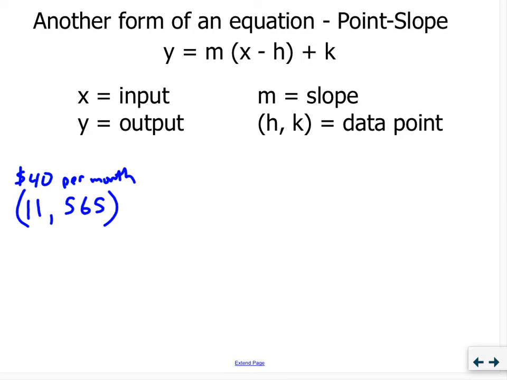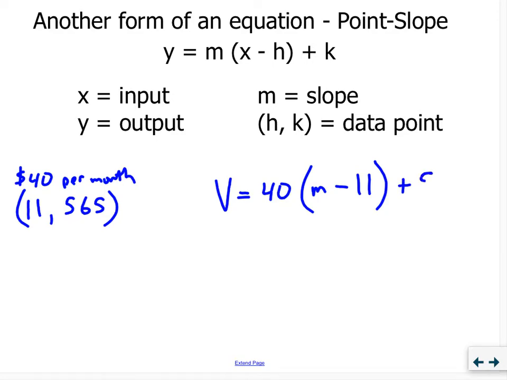So our output was our value. So instead of using y, I'm going to use the variable v. Next comes our slope, which is 40. And then in parentheses, I have my x value, which in this case is the number of months. And I subtract from that the value h of my data point.